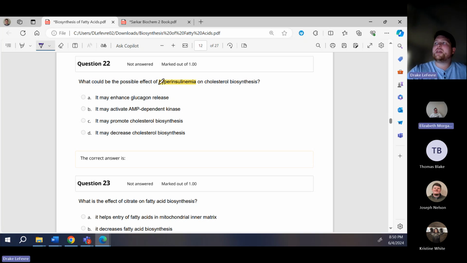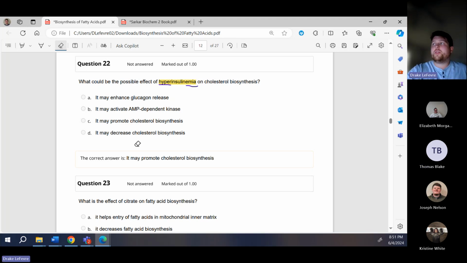Exactly. Anytime you see hyper, it means too much. Anytime you see emia, you're talking about the blood. So hyper, too much, insulin in the blood. Lock those away. Hyper, hypo, you'll see those all the time. So if you had a lot of blood glucose and therefore a lot of insulin trying to move it out of the blood, would you be promoting cholesterol biosynthesis?